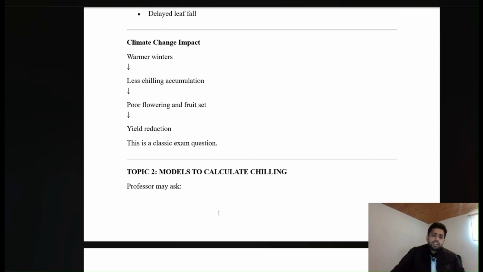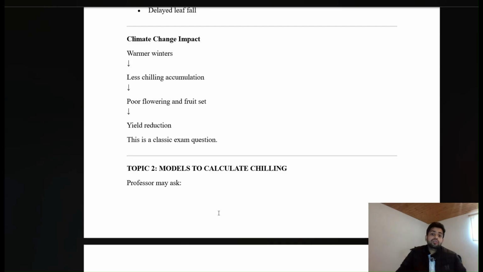So what can be the impact if the climate changes? Meaning if the climate is not similar to what the crop wants, then what can be the impact? With warmer winters, winters should be cool, but if there are warm days where the sun rises, then what can be the problem?